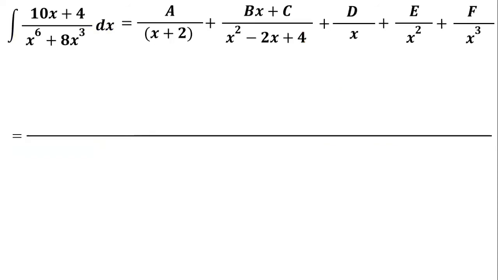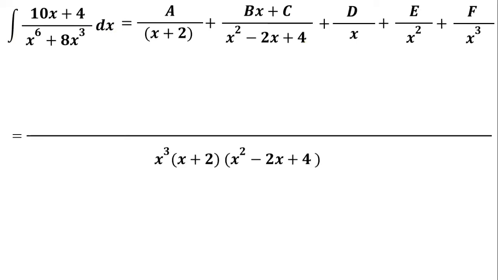And now it's time for getting the constants. So this is the solution of the original integral, and we should get the values of the constants a, b, c, d, and f. How to get these constants? As we said in the previous videos, we are going to make a common denominator like this.